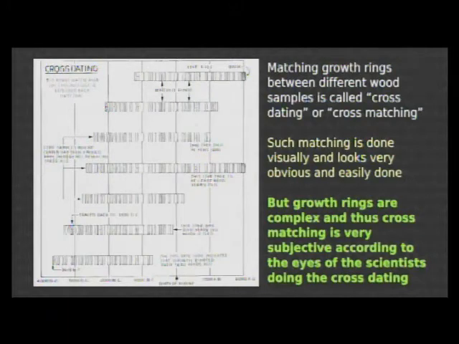This process of matching growth rings is called cross-dating or cross-matching. Such matching is done visually and looks very obvious and easily done. But growth rings are complex, and thus cross-matching is very subjective according to the eyes of the scientists doing the cross-dating.